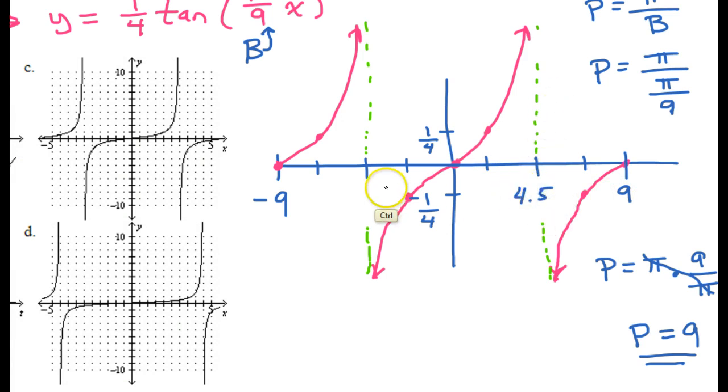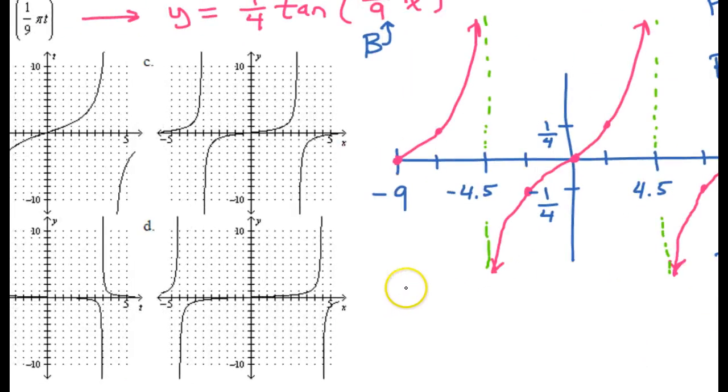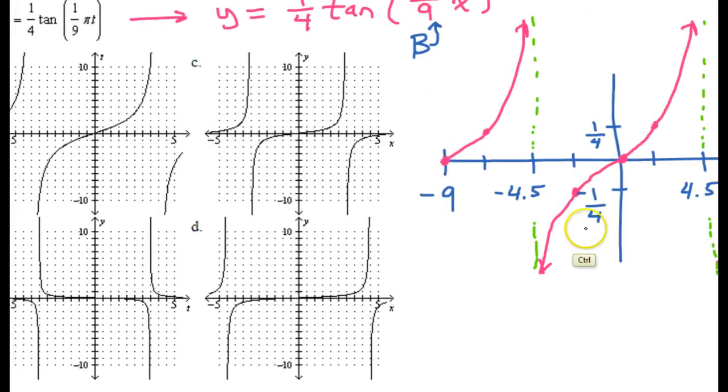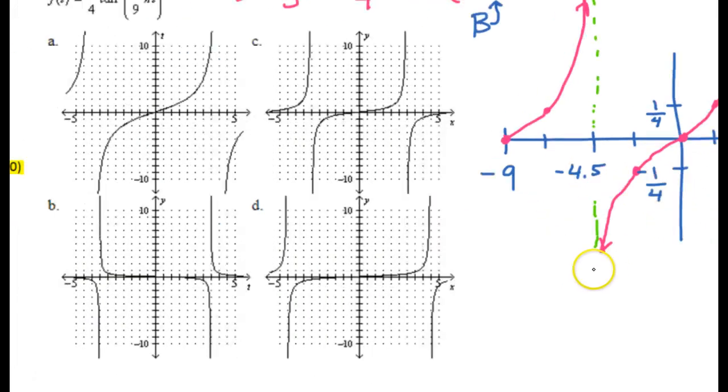So that's where the asymptote is, 4.5 and negative 4.5. So because these graphs only go to negative 5 and positive 5, then we'll have to use the asymptotes instead of the endpoints, but it should still be okay. Alright, so we're looking for graphs that have asymptotes at negative 4.5 and positive 4.5.